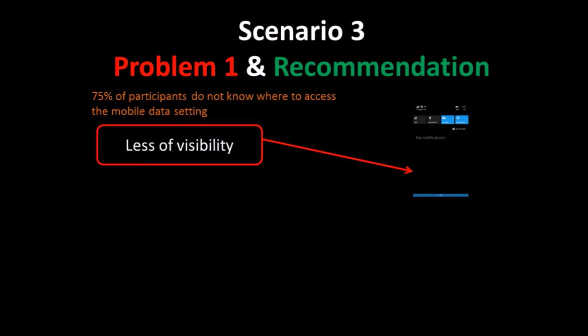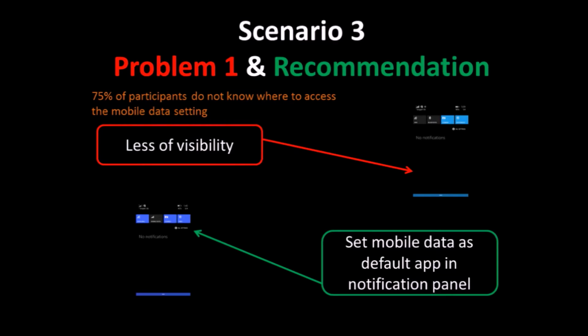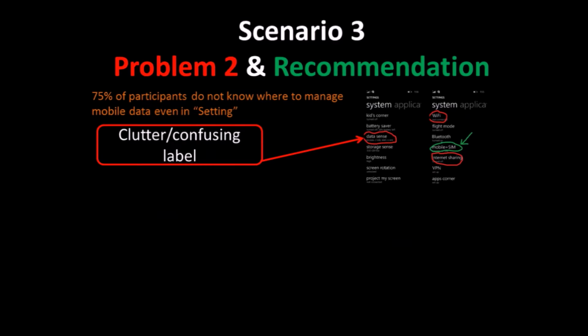There is low visibility of mobile data management, because 75% of our participants do not know where to access the mobile data setting. To address this problem, we suggest that the mobile data function be set as a default item in the notification panel. Besides, even when participants successfully accessed settings, 75% of them still had no idea which system is for managing the mobile data.